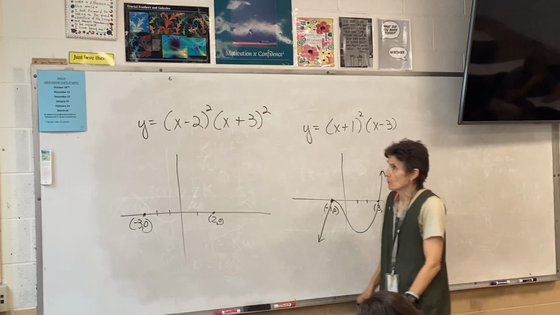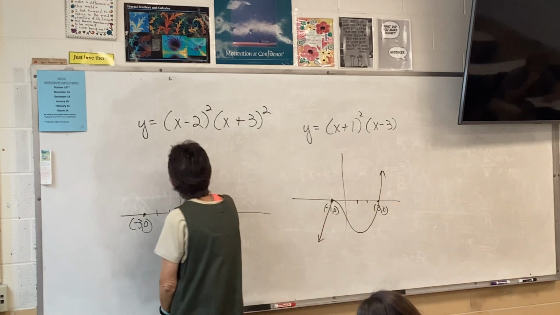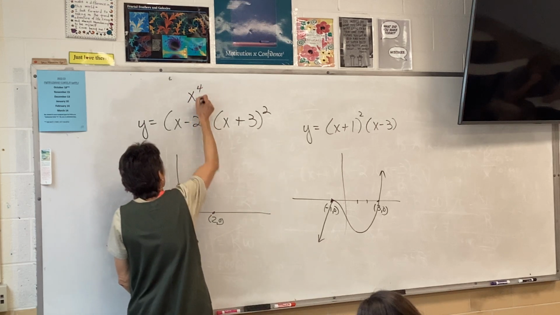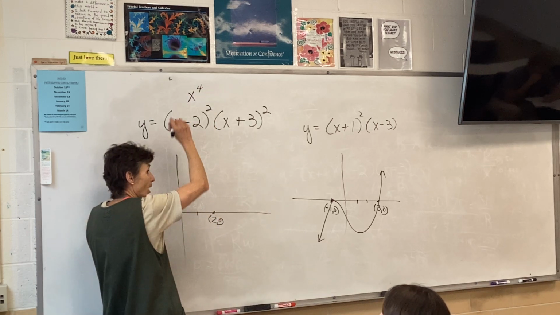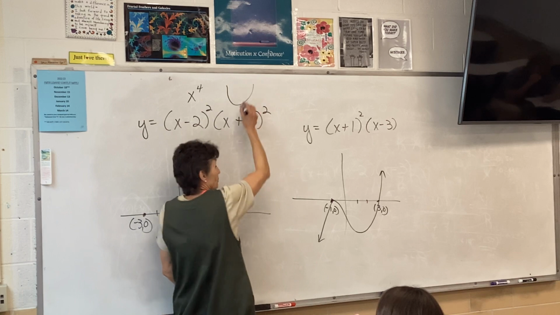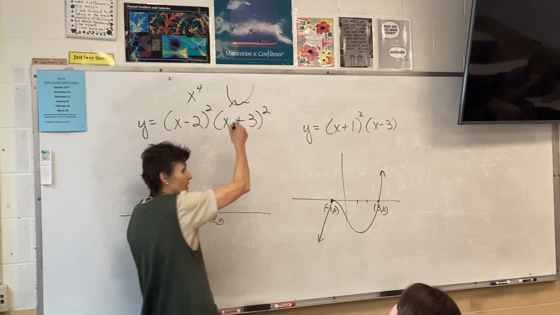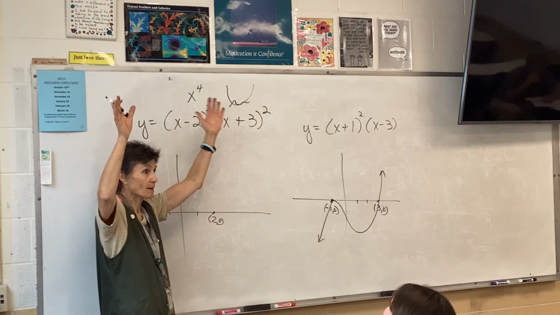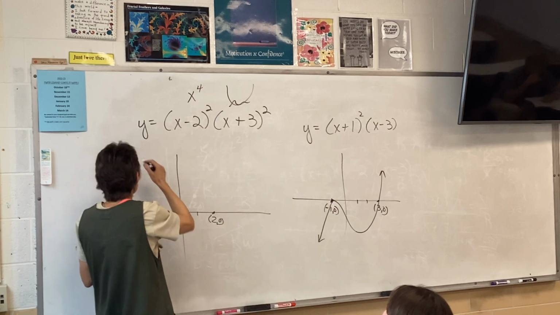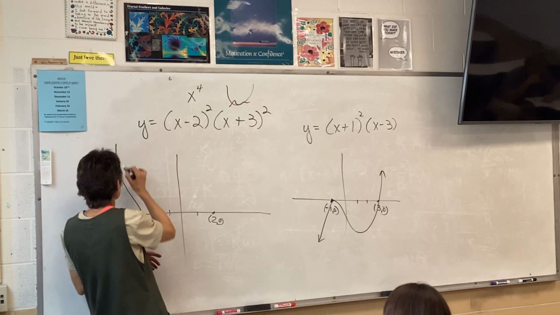Okay, so this you said was x to the 4th, which means it's gonna start up and end up, right? Now, there might be squiggling going on in the middle, but that's the end behavior. It starts up and ends up. So this thing is starting up here and coming down to this point.